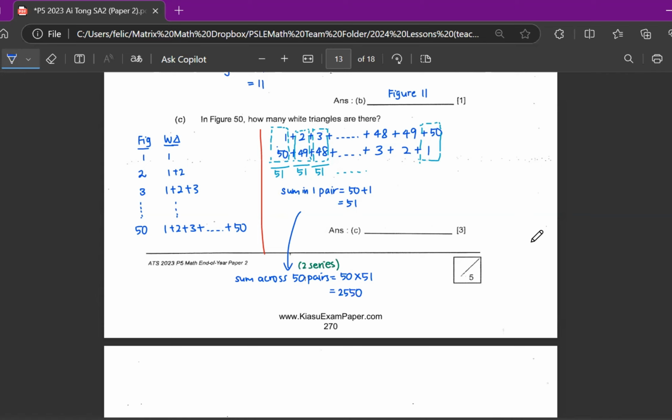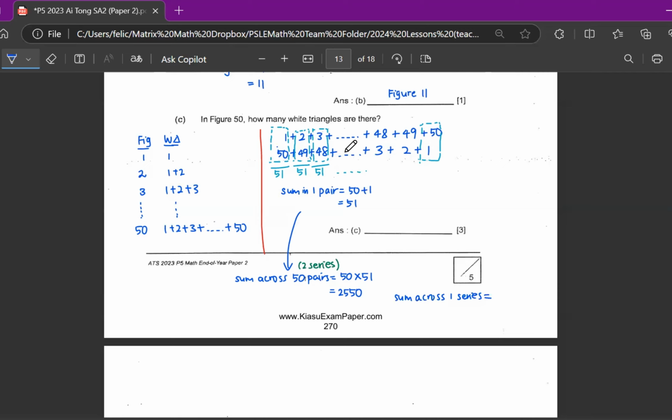Now, in other words, I can find the sum across just one series, because I only need one series actually. Sum across one series of numbers. And to do that, your 2550 you can simply divide by 2, because this first series is exactly the same as the bottom series.